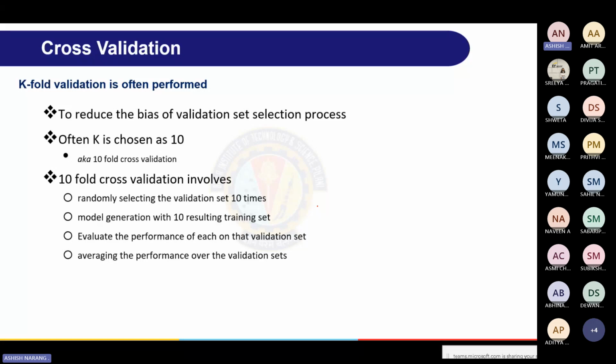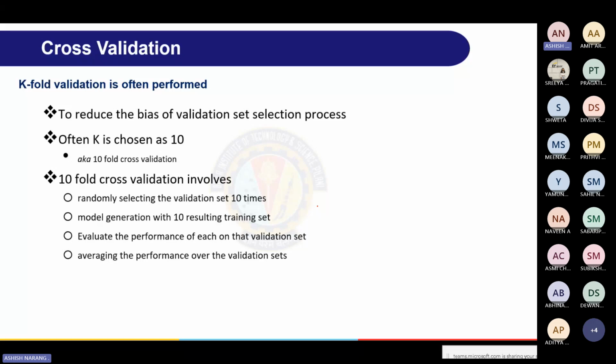Sometimes model performance may look very good or very poor, both extremes, simply because a particular subset of data is chosen for validation. Cross validation helps me overcome this issue. I'm not going to test my model one single time. I'm going to test my model multiple times on different subsets of data.